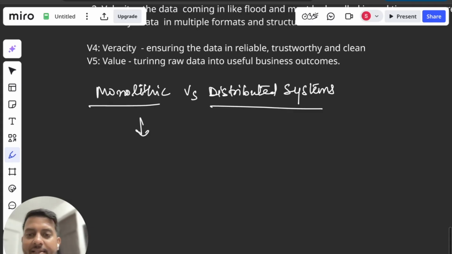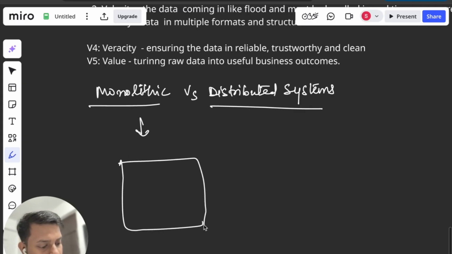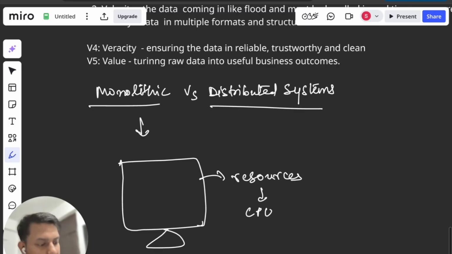You can think of a monolithic system as a big and powerful computer, and it has its own resources. What resources does it have? Let's say it has CPU, memory, and storage.